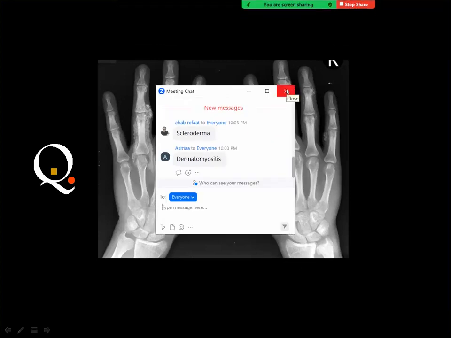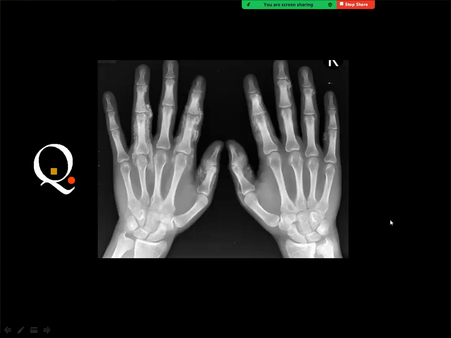No, this is not scleroderma, but dermatomyositis. The answer is right, dermatomyositis. This is not melanocytosis, but these are subcutaneous calcifications along the short bones and also seen in the thigh.